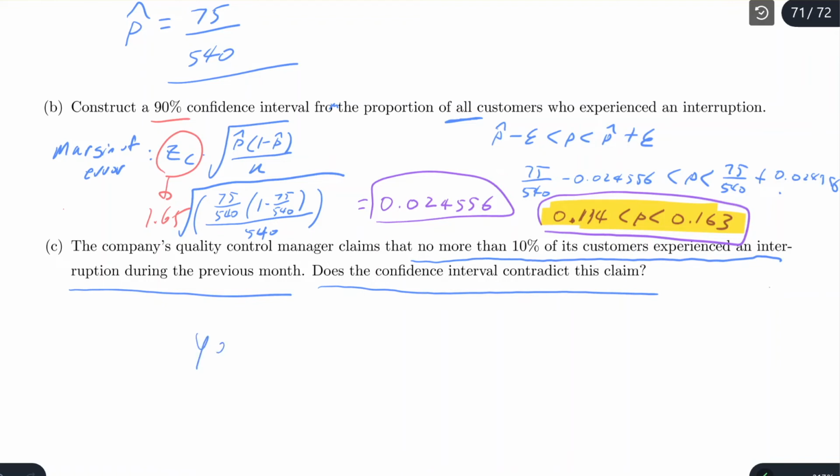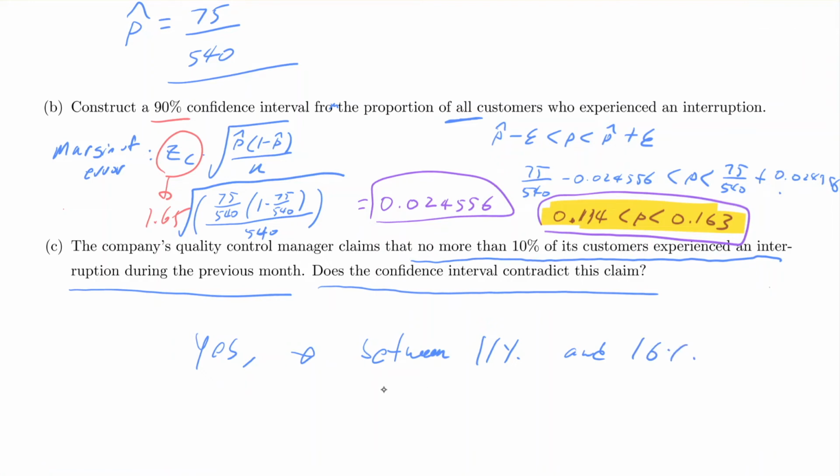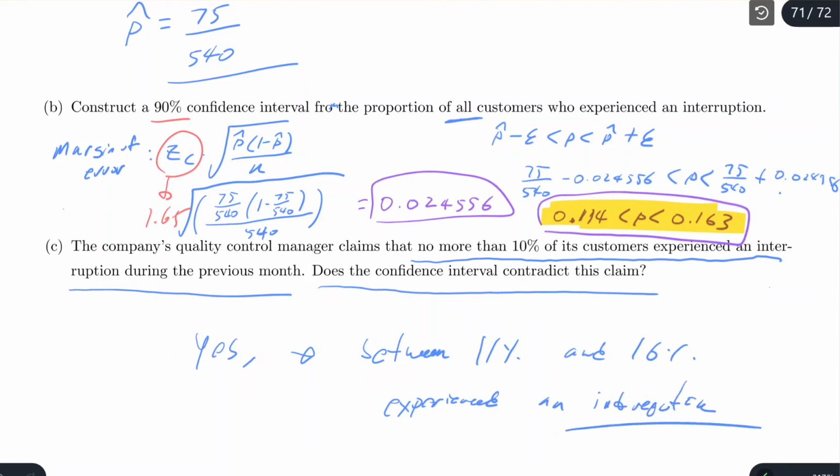It does contradict, yes, because between 11% and 16% experience an interruption. Right? So it does contradict because according to our 90% confidence interval, this was the estimate for the population proportion.